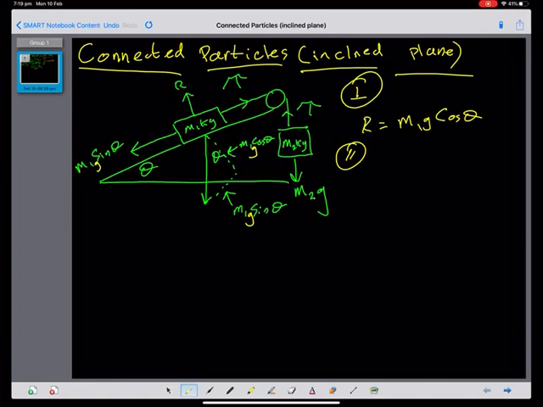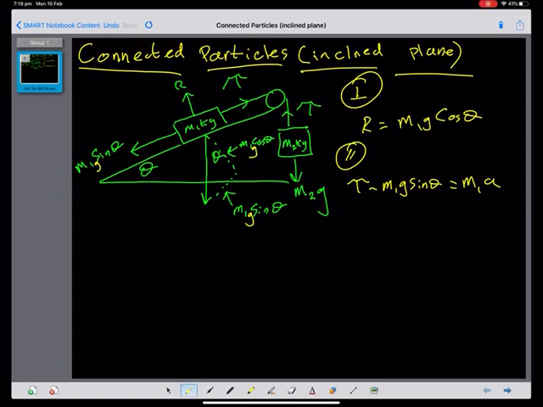Let's look at these two masses independently. We've got a tension pulling the particle up the plane, minus m1 g sine theta acting down the plane, and that is equal to m1 a.